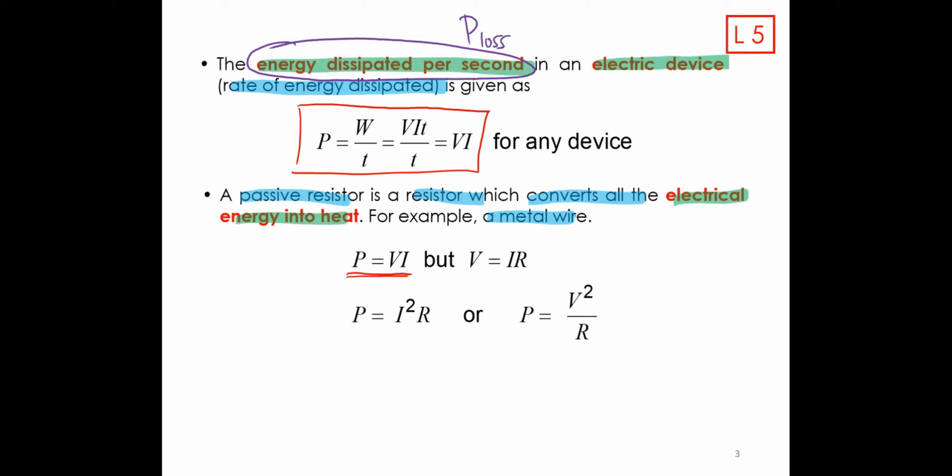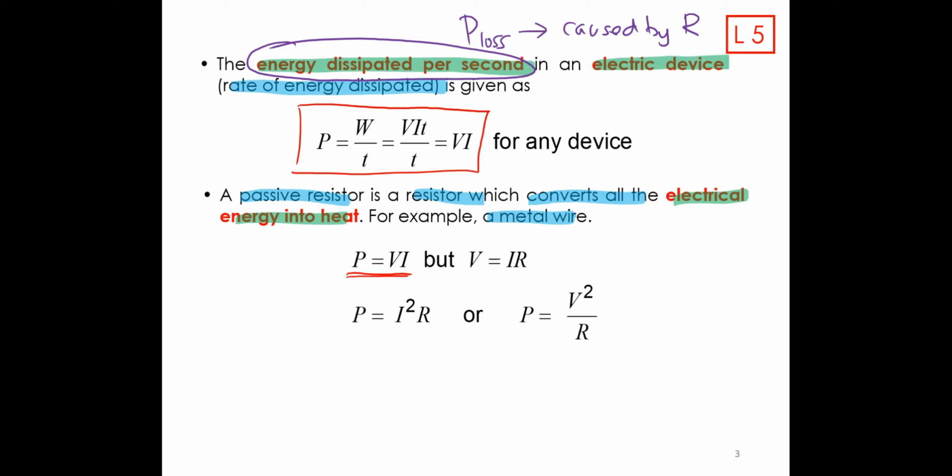Power loss in a circuit is caused by the resistor, so it can be a wire or anything which has resistance.